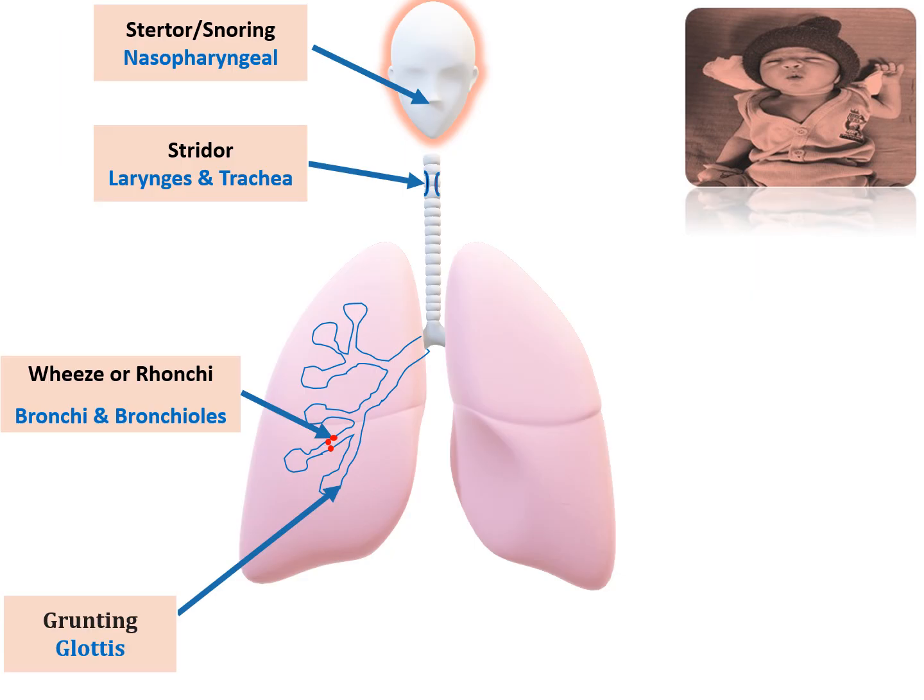Now lastly, the adventitious sound which I am going to describe is crepitations, or we can say crackles or rales. These are coarse crepitations whenever secretion is collected in the bronchi.